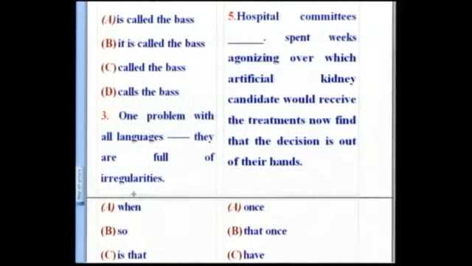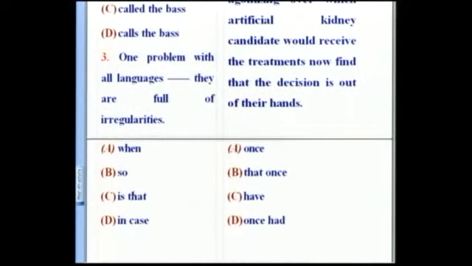Let's look at number 3. One problem with all languages, they are. We can say this is the subject. They are is another clause with a subject, they, and a verb, are, so I have no verb and no connector. Let's see here: there is a verb and a connector.